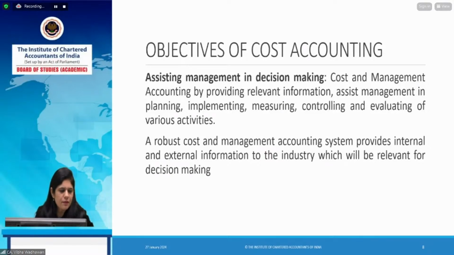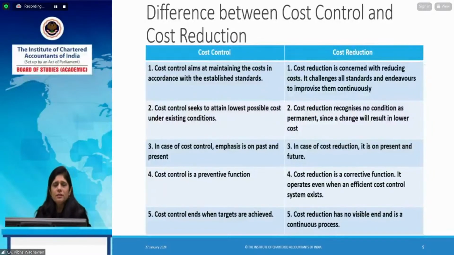Good to see so many students joining for the session. All right, so there's a difference between cost control and cost reduction. As I already explained you, for cost control, the target is we have to achieve the standard set. The target is we should not go beyond the standard cost, which is set, which is a predetermined cost. Cost reduction does not follow any standards.